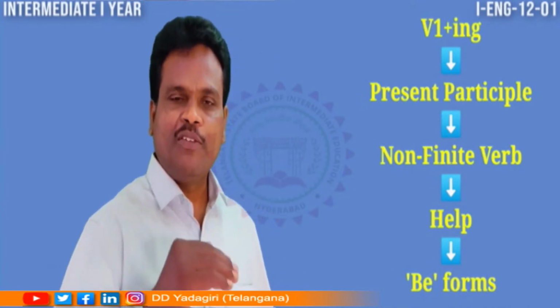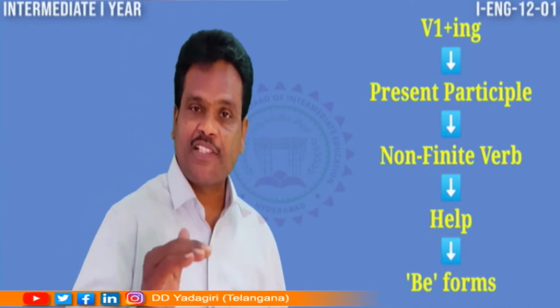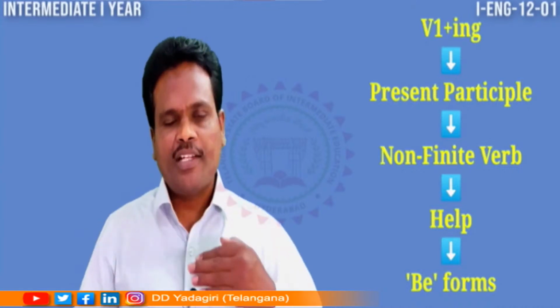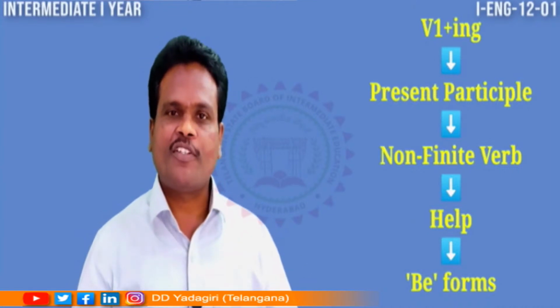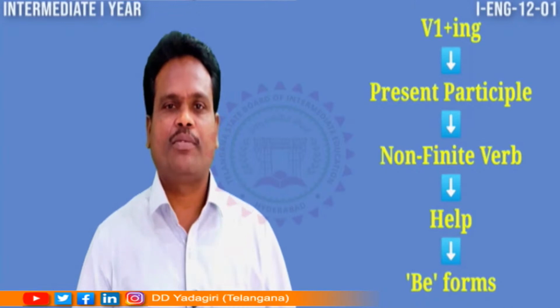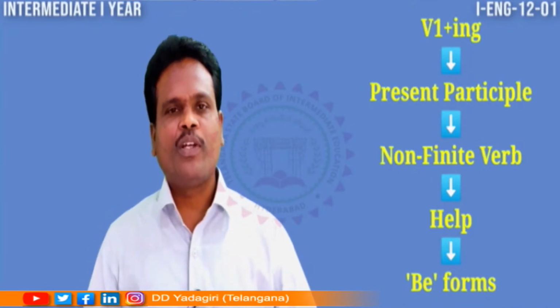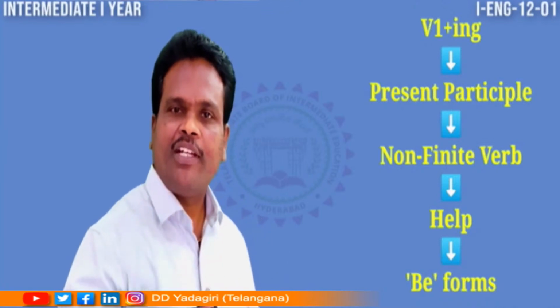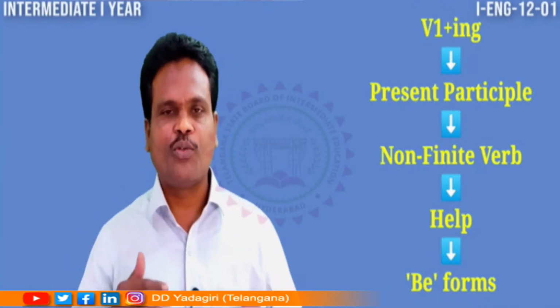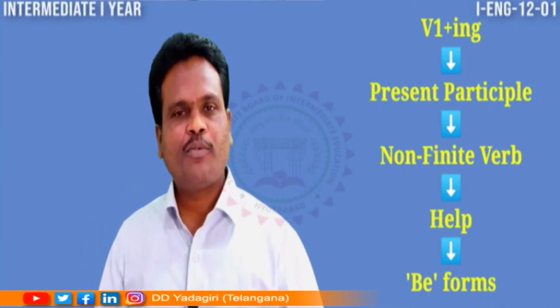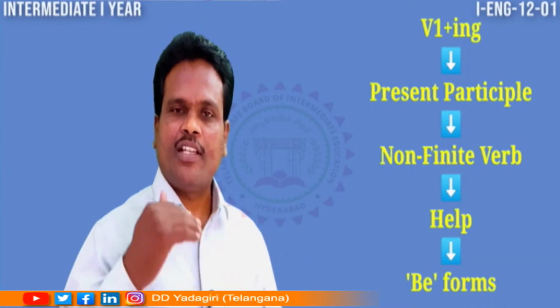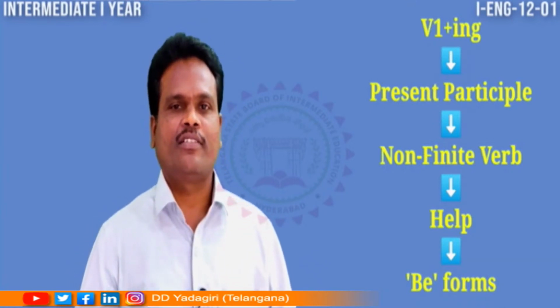As a verb, V1 plus ing is known as present participle. As a verb, present participle is a non-finite verb. Why? Because present participle cannot give the complete meaning to a sentence on its own. Present participle cannot tell the time of action.